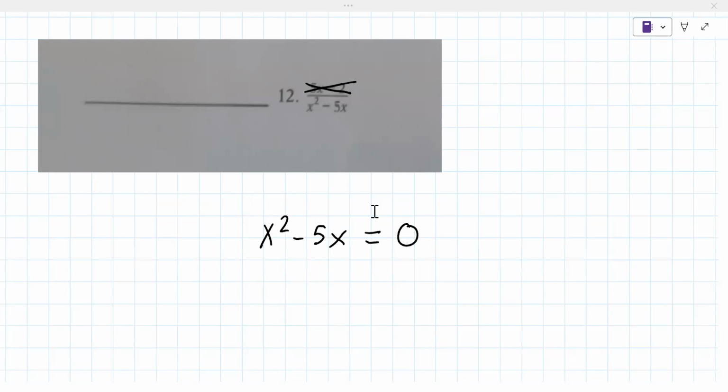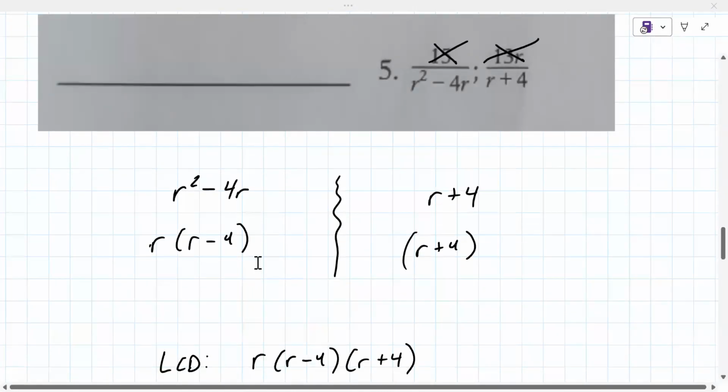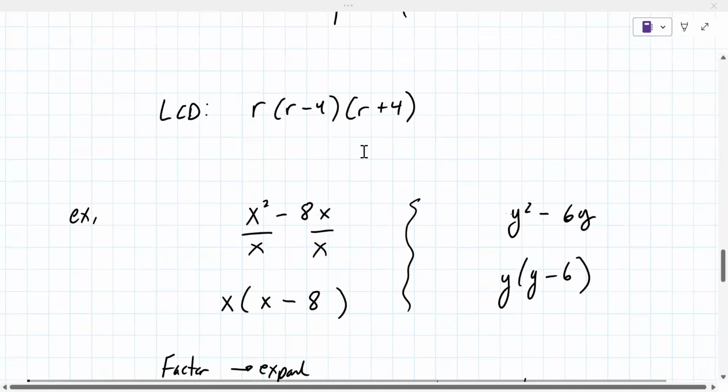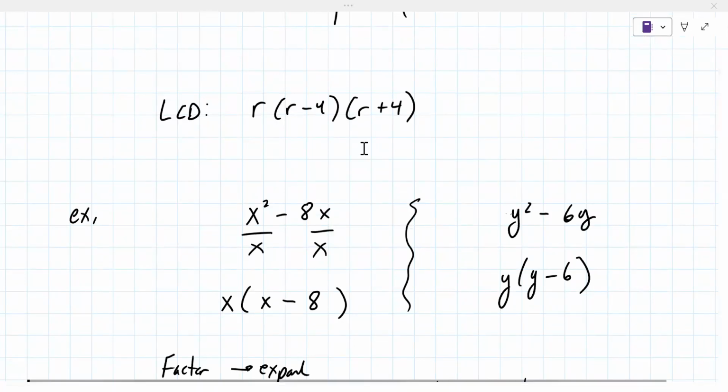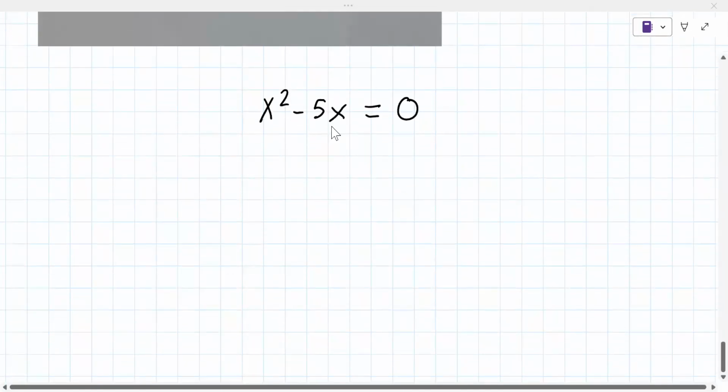No, look at the sign. What's the sign in here?